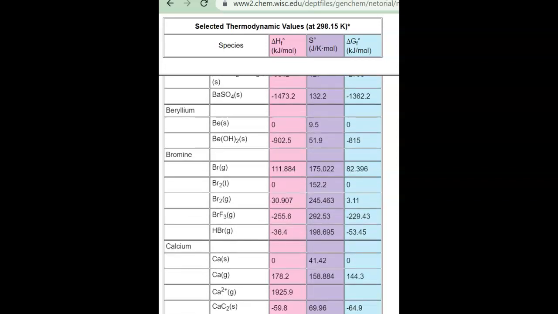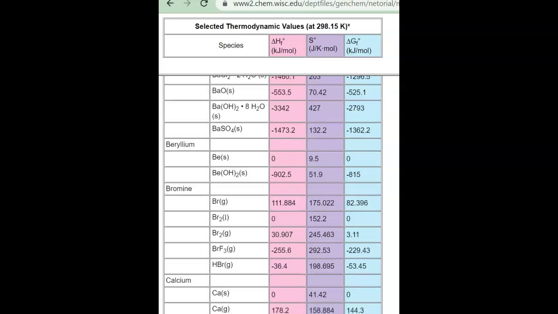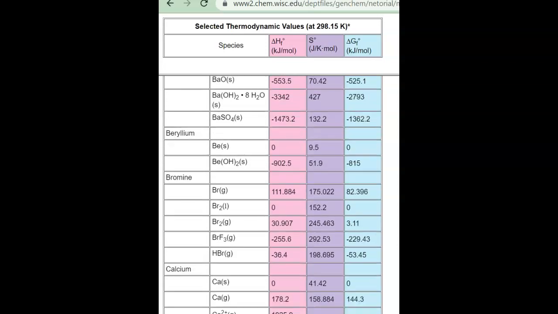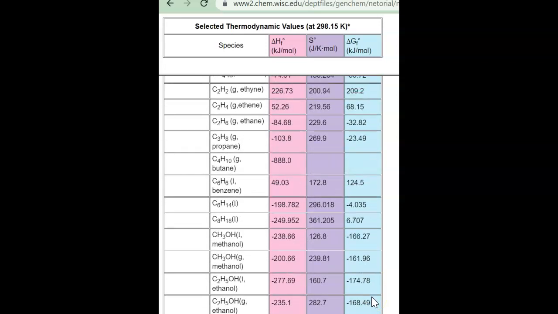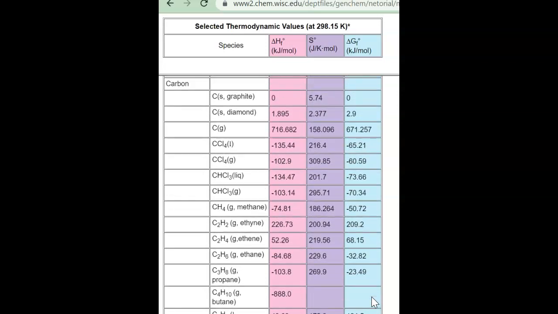Now, one thing I want to point out is that some things have 0 delta H's, like beryllium, boron, B2, calcium, and carbon.